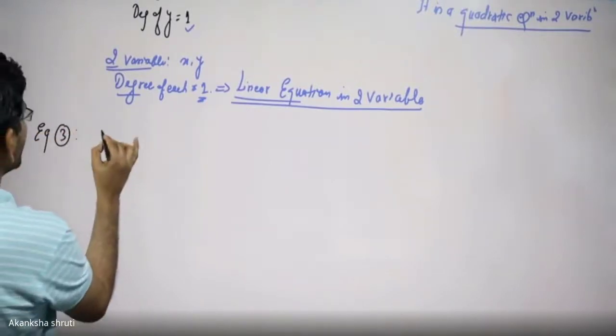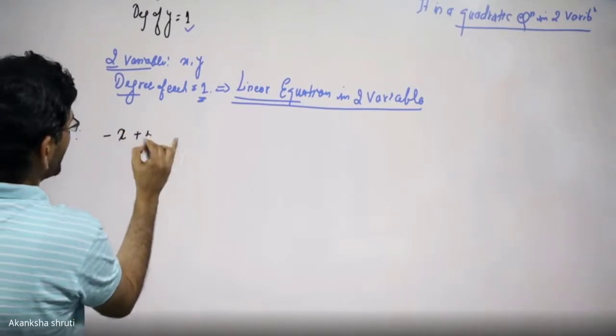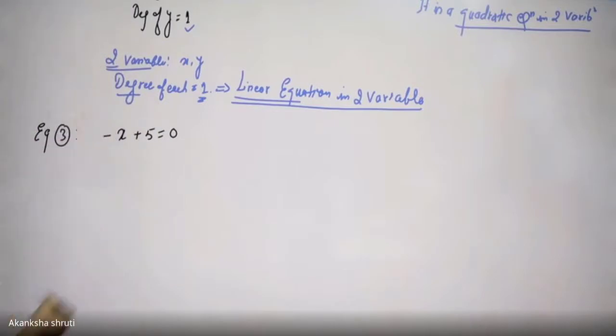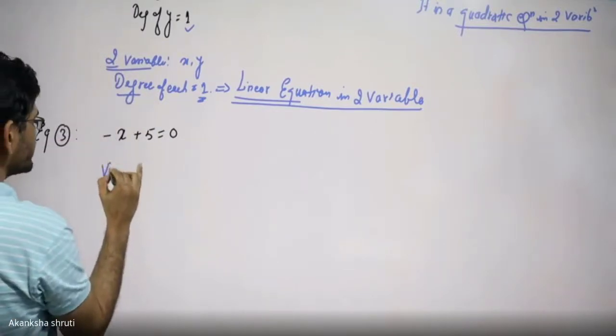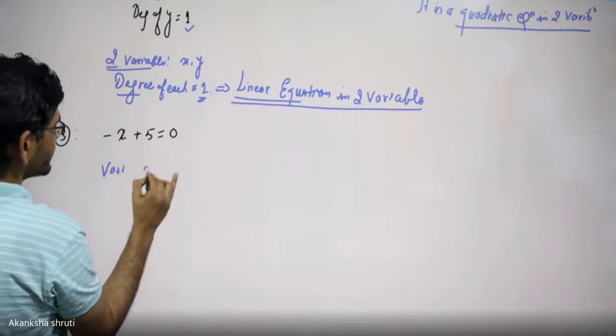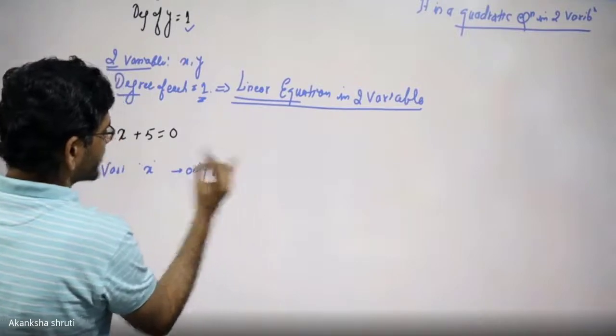Let us consider minus x plus 5 is equal to 0. How is this? Students, what is the variable? The variable is x only. So it is only one kind of variable.